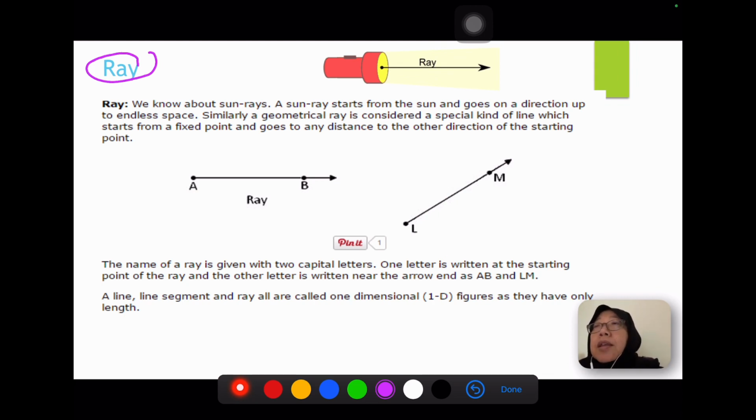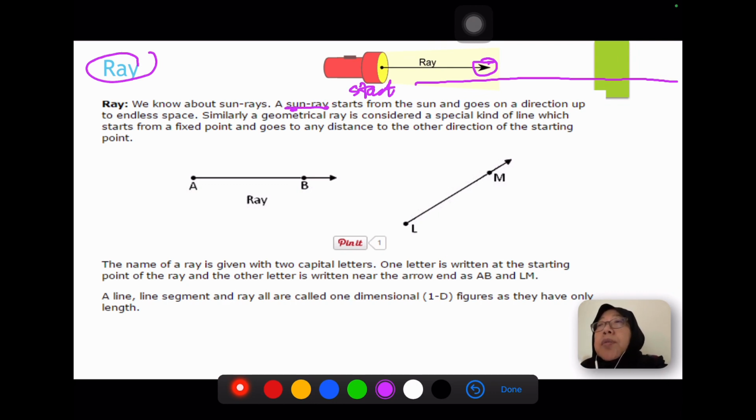That means this is our starting point, and then the ray coming from this torchlight will go on and on and on. So that's why we have the arrow showing that it travels in a straight line.